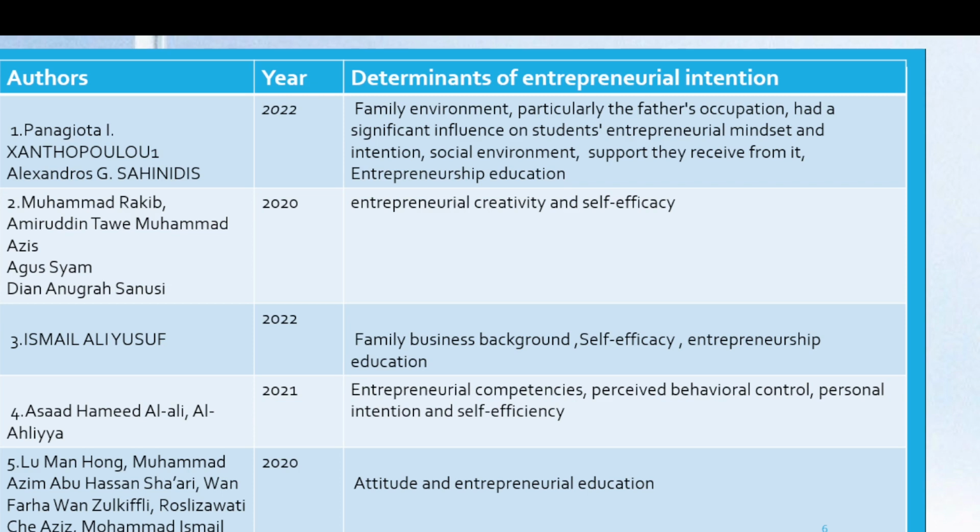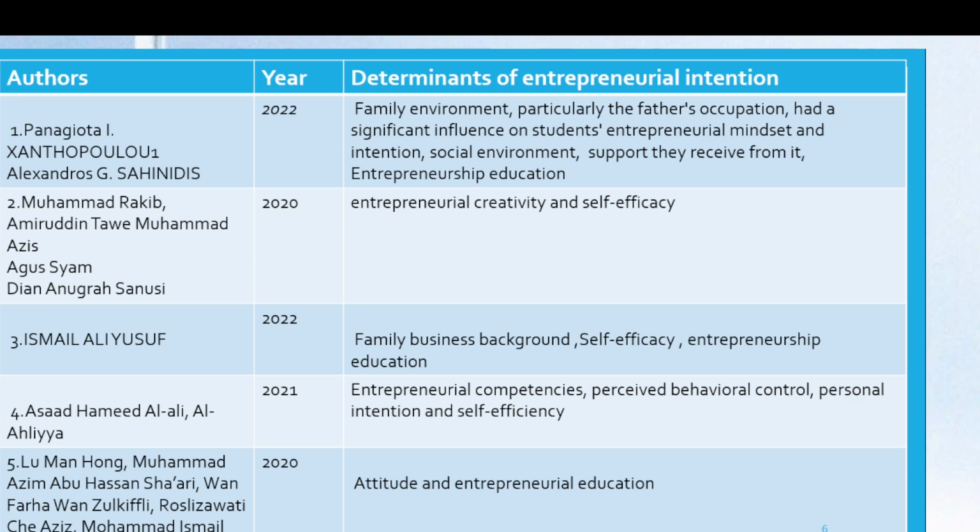For instance, when you analyze the conclusion of this author, you find that the determinant of entrepreneurial intention is family environment, particularly the father's occupation, that has significant influence on the students' entrepreneurial mindset and intention, the social environment, the support they receive from it, and entrepreneurial education. From this author, the determinants are entrepreneurial creativity and self-efficacy.